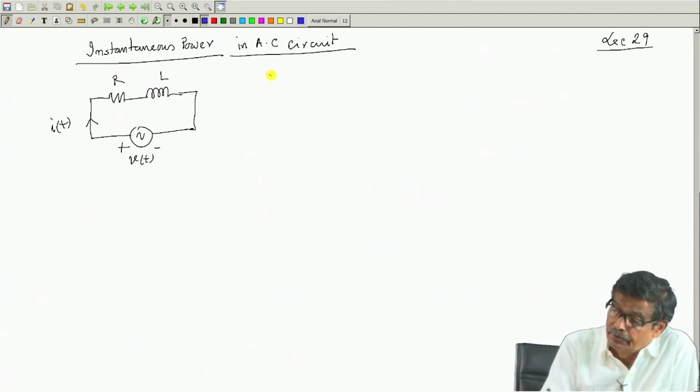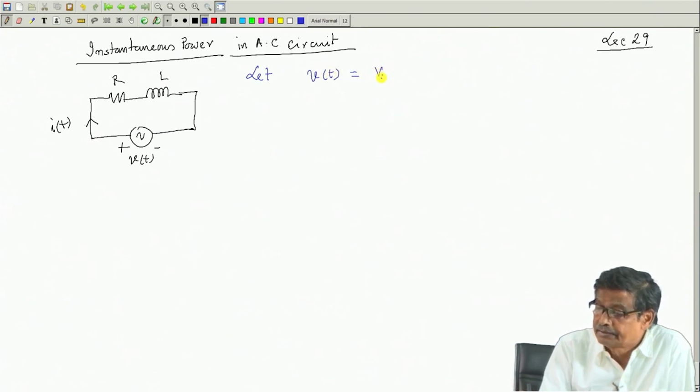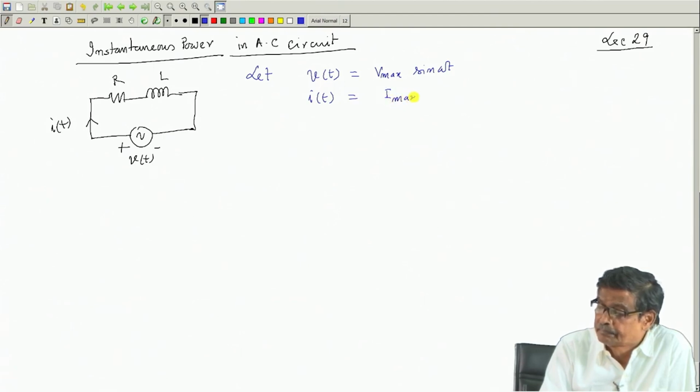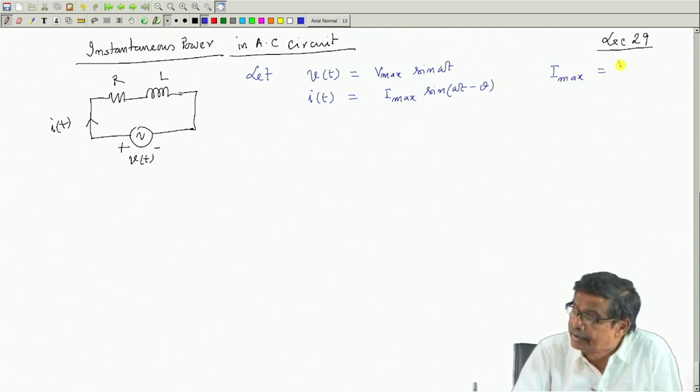I said let v(t) equal V max sin omega t, and i(t) equal I max sin(omega t minus theta) for the RL circuit. What is I max? Do not forget, I max is equal to V max by Z.